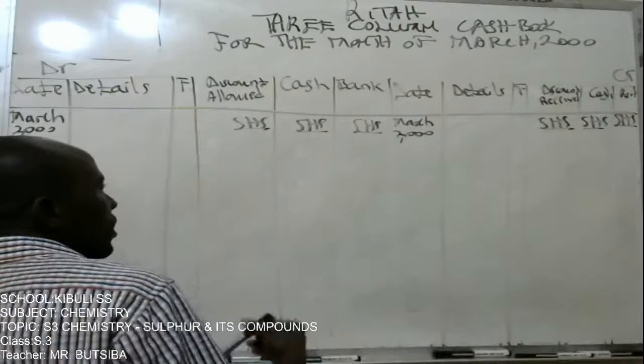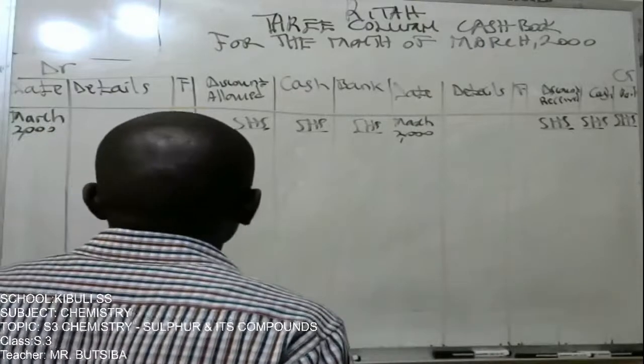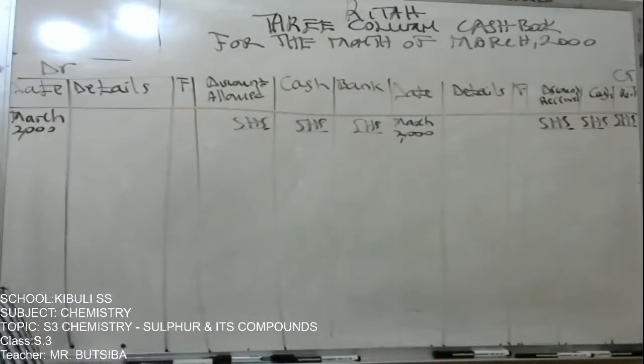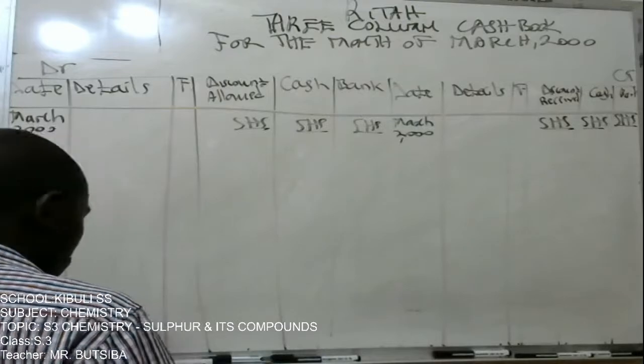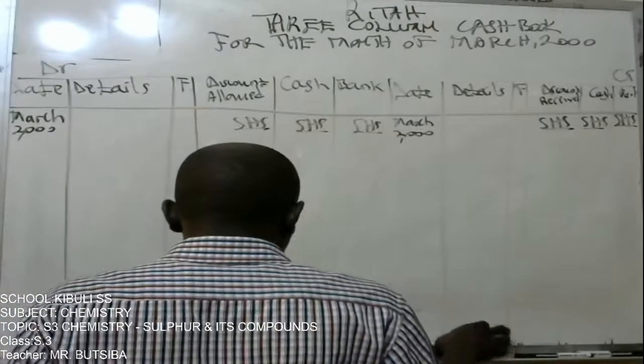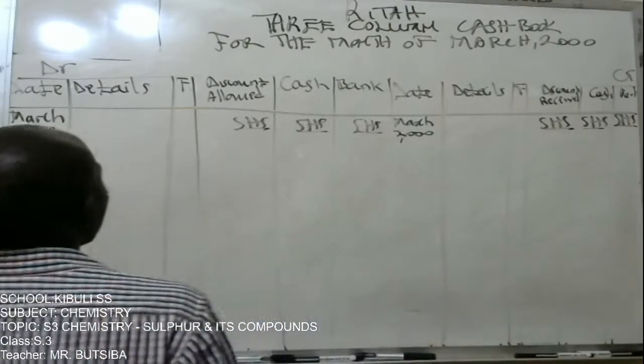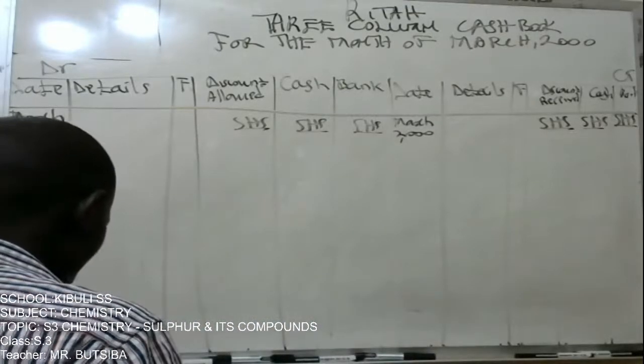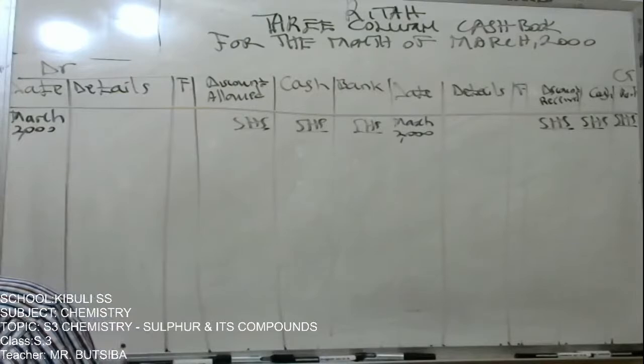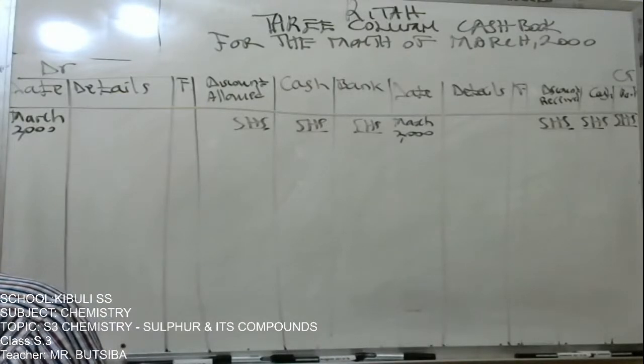The order must be maintained. That's why it's very important to know the format of your 3-column cash book. Okay, let's go through the transactions faster. I know it may not complete, but you can finish up later on.